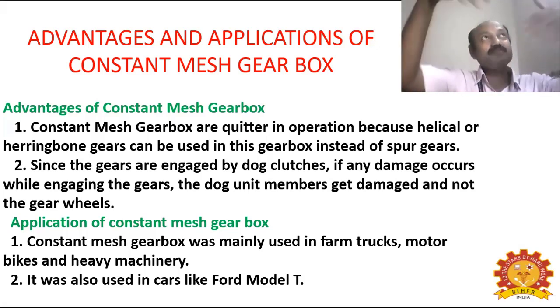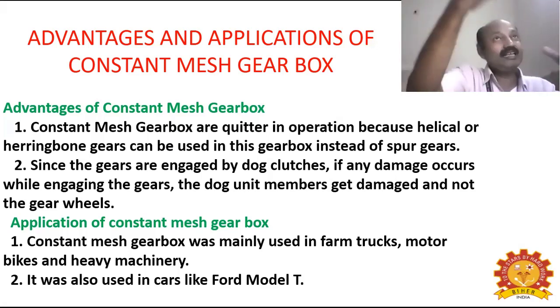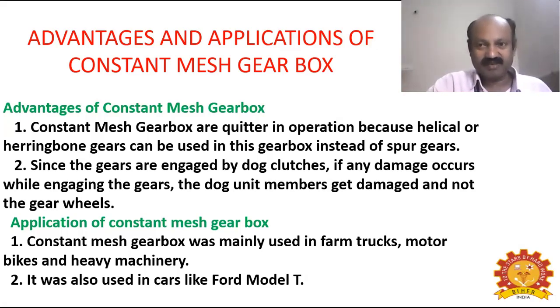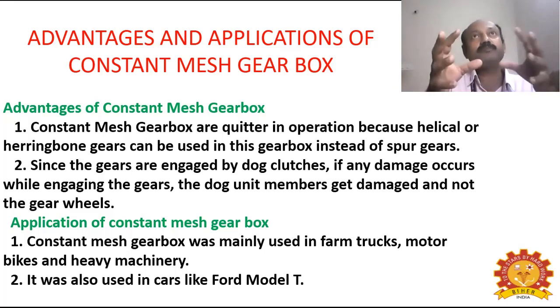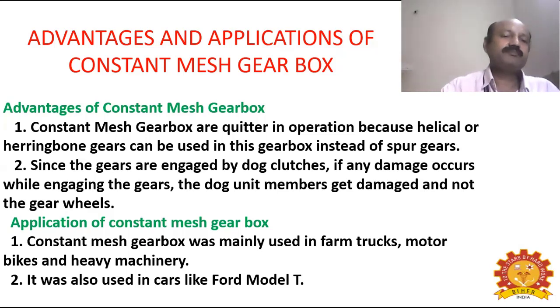The main disadvantage of the sliding mesh gearbox is that when you engage the bigger gears to mesh with the gears on the lay shaft, sometimes the teeth may get damaged during meshing. When teeth are continuously damaged, they may break, and then you have to replace the full gears, which is costly. Whereas in this case, the gears are not going to move. Gears are permanently in mesh, and only the dog clutches move. If the dog clutches are damaged, you can easily replace them. That is the main advantage of the constant mesh gearbox.